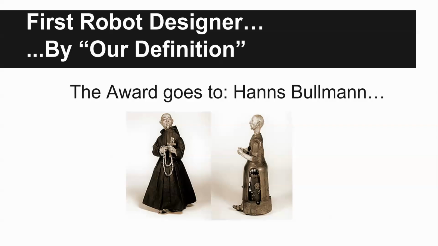By our definition, one of the first robots created would come from Hans Bullmann. He created a robot, and most people would remember an automaton, but in this case, it was able to interact with people or the environment, manipulate and move things, carry out tasks.